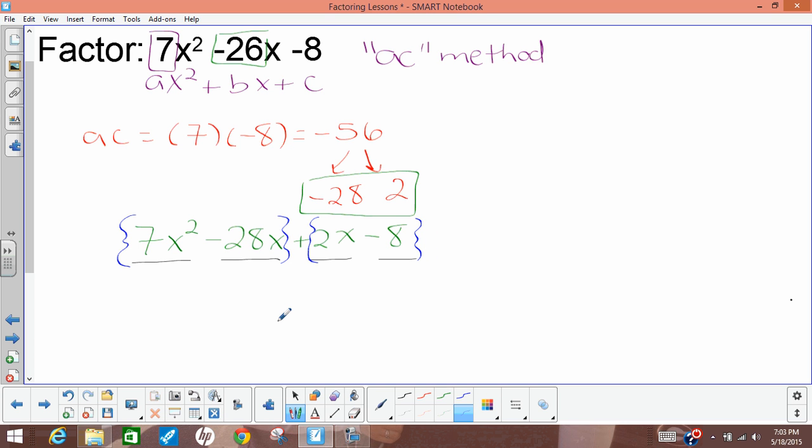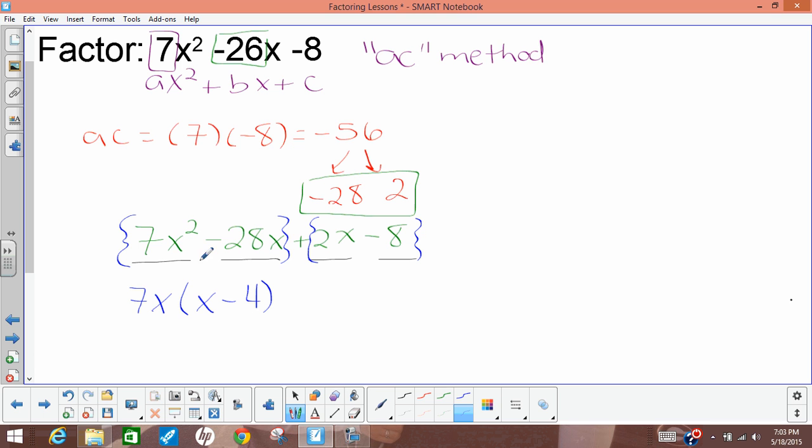In each of these pairings, I'm going to factor out a greatest common factor. Here, the greatest common factor is 7x. Just like from our first lesson, one of the factors of 7x squared minus 28x is 7x. The other, if we divide each by 7x, gives us x minus 4.